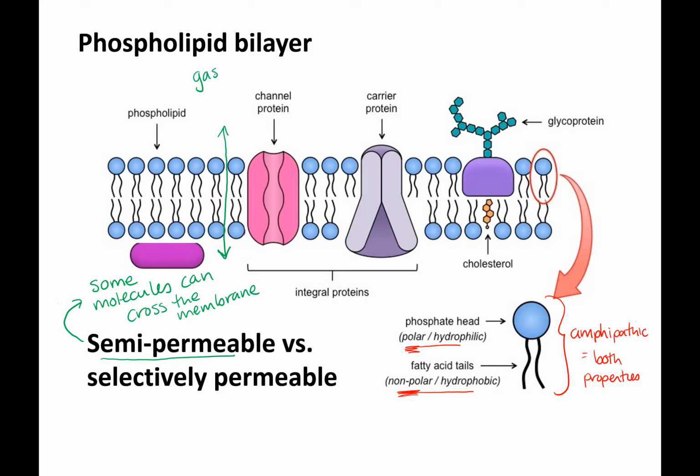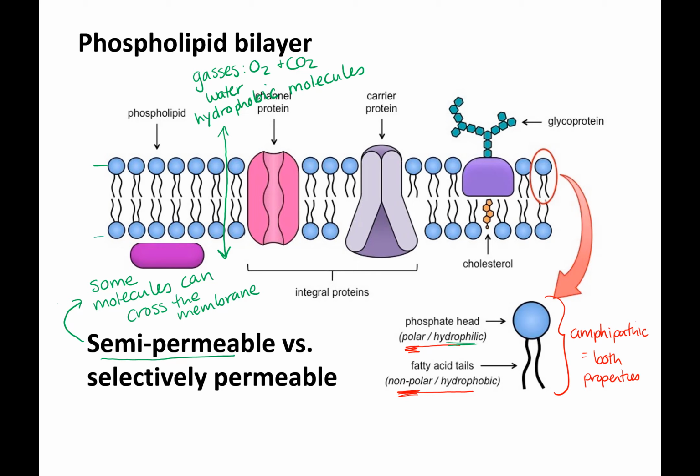What can cross the membrane like this? Gases. Oxygen and CO2 are the big ones we talk about. Water. And hydrophobic molecules. And sometimes this is counterintuitive because we have this hydrophilic head, right?